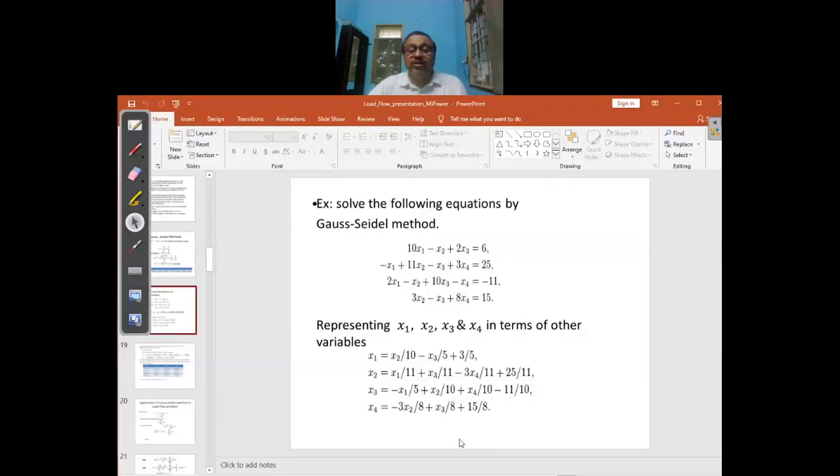Now this is fine. Now we are solving simultaneous equations, which is what we will be using in our Gauss-Seidel. We have seen that they are all just simultaneous equations.